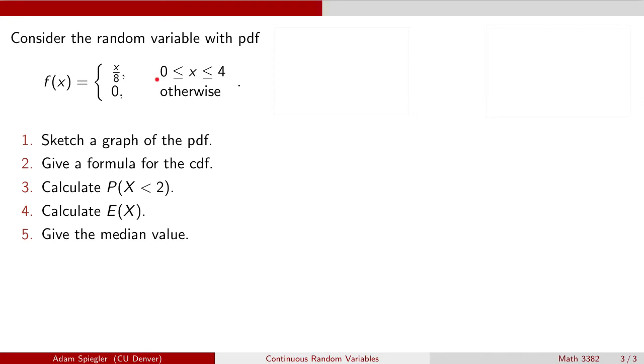If x is less than 0 or greater than 4, then its value is 0, meaning the only possible values for random variable x would be between 0 and 4.